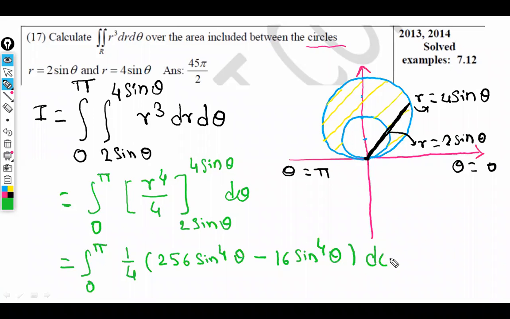We just replace the upper limit minus the lower limit. What is the simplification now? It will be 240. Correct. 240 sine raised to 4 theta d theta.